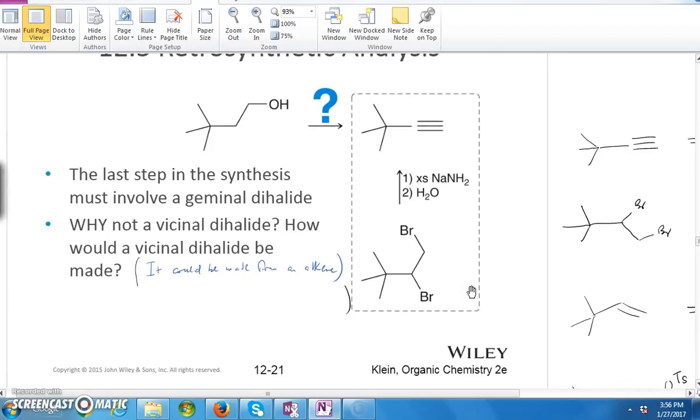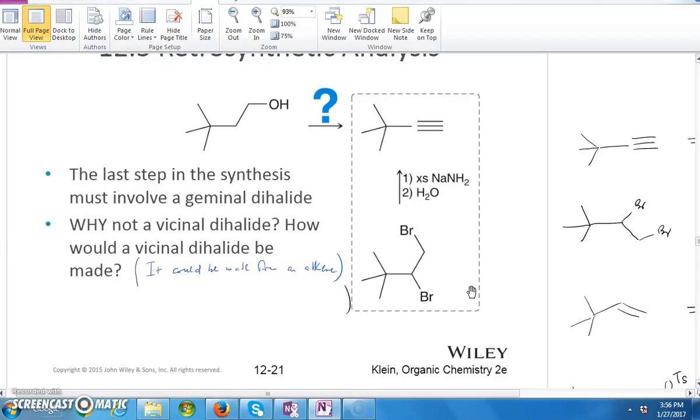So the last step in this case must involve a geminal dihalide. See, this will still give you that.